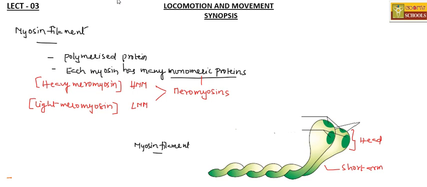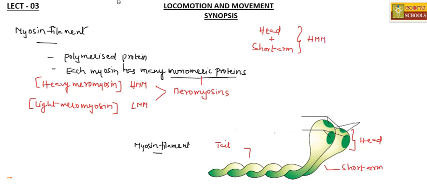The rest of this we call the tail. The head and short arm together form the heavy meromyosin, that is HMM.